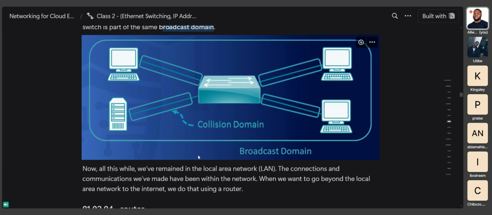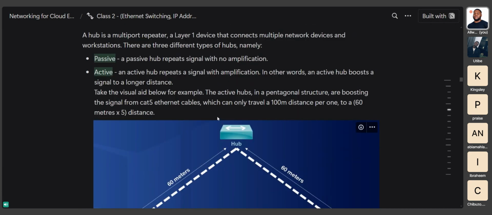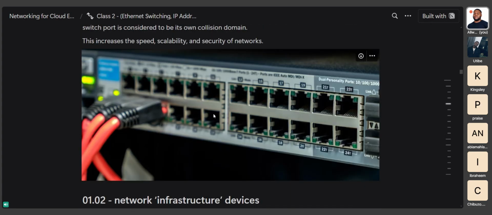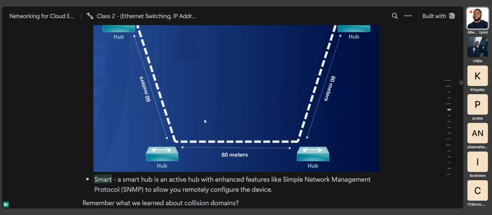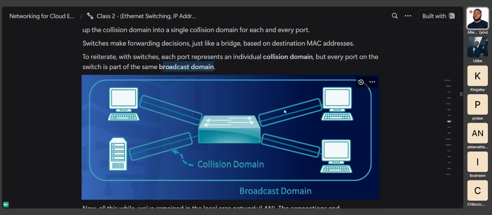So now we're using a switch, and via the switch, we've connected everything. Remember, this switch, if you go back to that image of a switch, has ports, right? Remember, we said a switch is a multi-port bridge. So imagine every single port has an Ethernet cable that's plugged into one port and also plugged into a PC, into these PCs and a server.